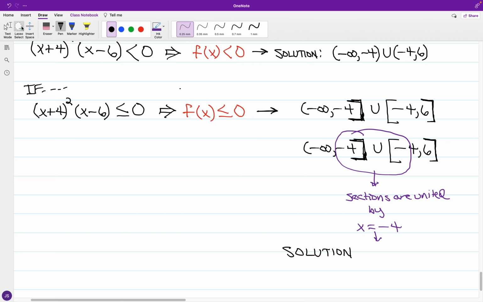So instead of two separate interval sections, you're going to wind up having pieced together everything from -infinity running through -4, since x equals -4 bridges the gap. And so your solution is going to be all values of x such that x is less than or equal to 6. And that is if the nature of the inequality had the equal sign. So that would be your solution in this case.